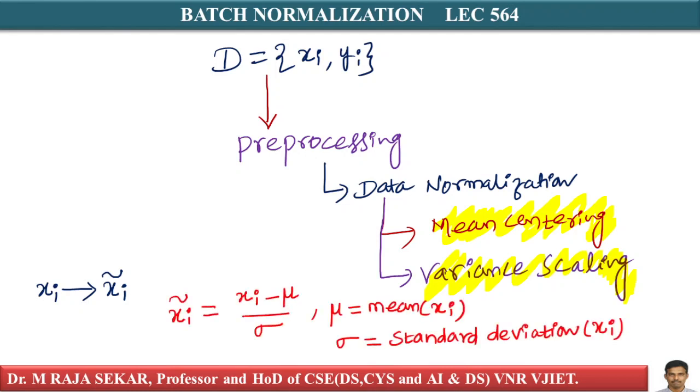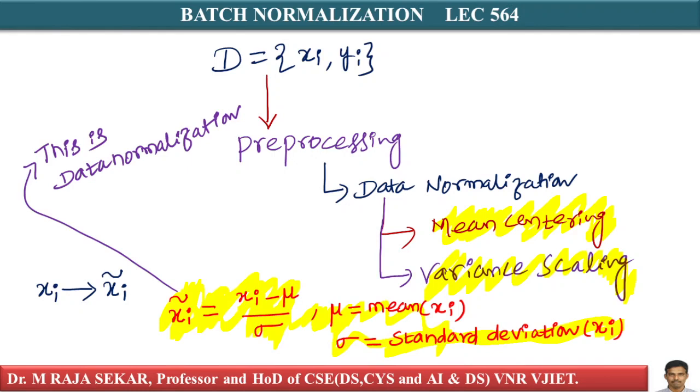What is my xi tilde? Xi minus mu by sigma, where mu is the mean of xi and sigma is the standard deviation of xi. This is basically data normalization. This is something that we learned long ago. We also understood why data normalization is required, so that weights are interpretable and make sense.